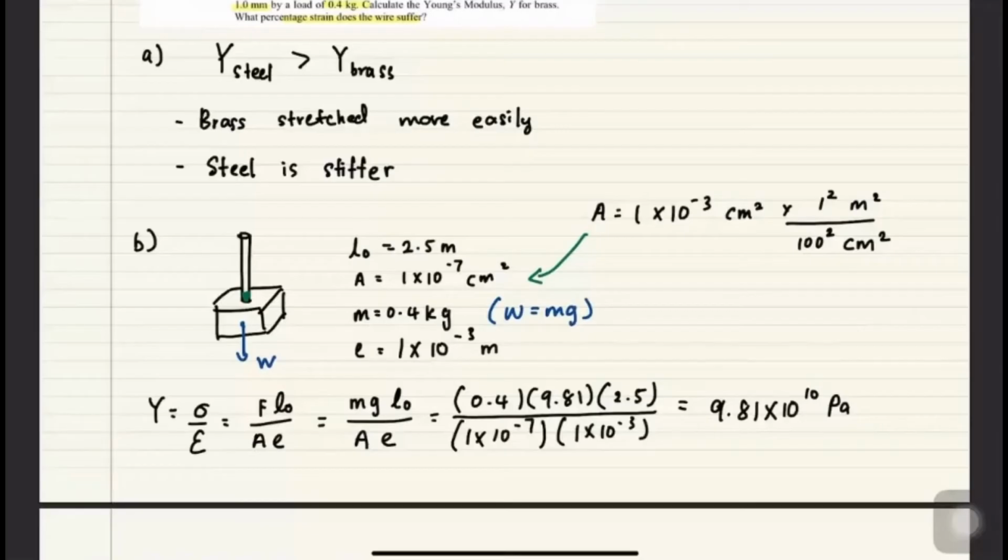Okay, then the next question, they want to calculate what percentage strain does the wire suffer. Percentage strain. Just think about what it is saying. The sentence is strange.